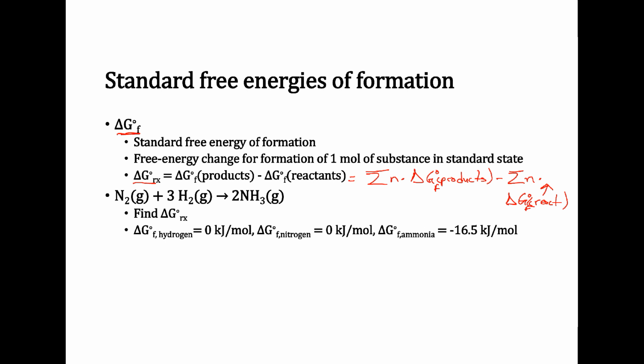All right, so let's revisit this same reaction. We have N2 plus 3H2 yields 2NH3. We're asked to find delta G of reaction, and we're given the free energy of formation of hydrogen, nitrogen, and ammonia. Notice that just like for enthalpies of formation, if you have something that exists in its standard state, its delta G of formation will be equal to 0, which is why hydrogen, H2, is equal to 0, and nitrogen, N2, is equal to 0.